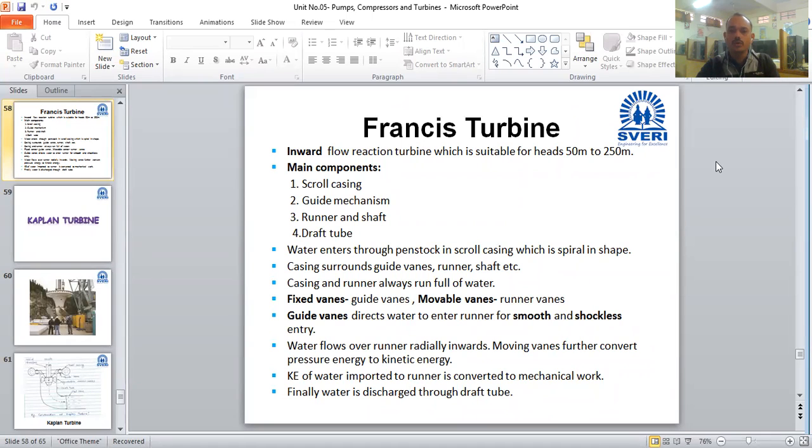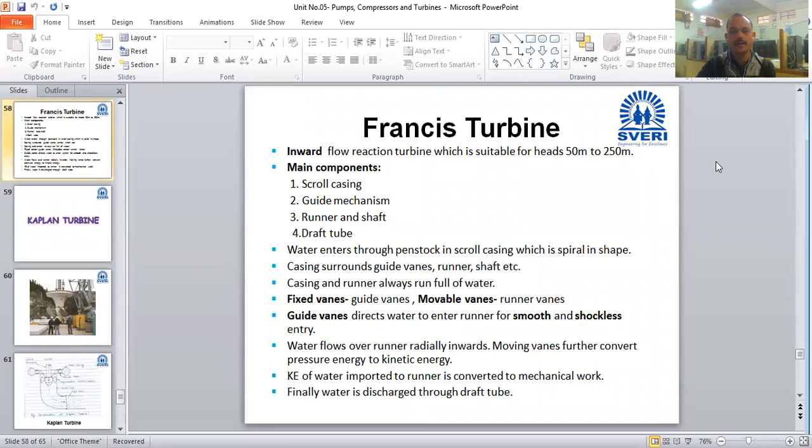The turbines used in hydroelectric power plants are the Pelton wheel turbine, the Francis turbine, and the Kaplan turbine. Out of these, we have seen two turbines.